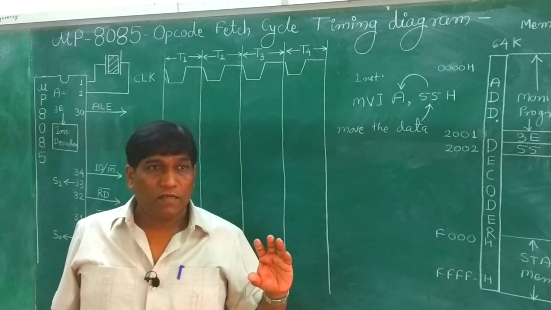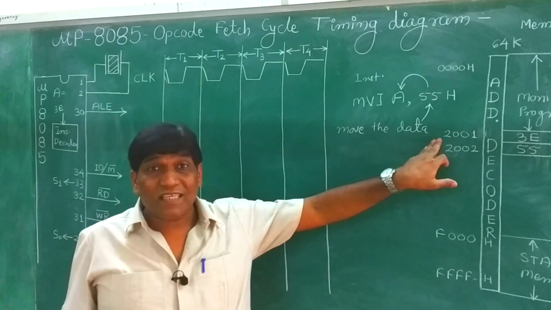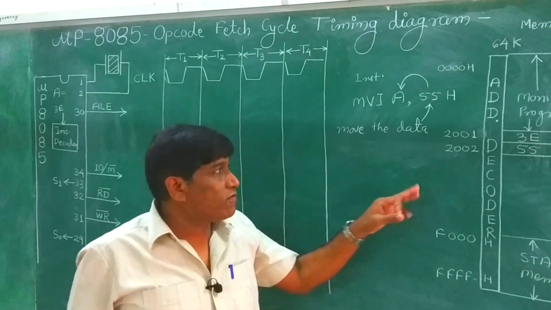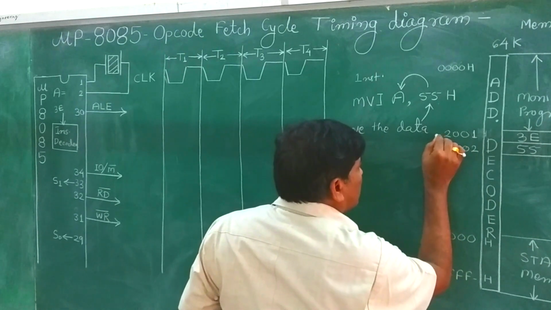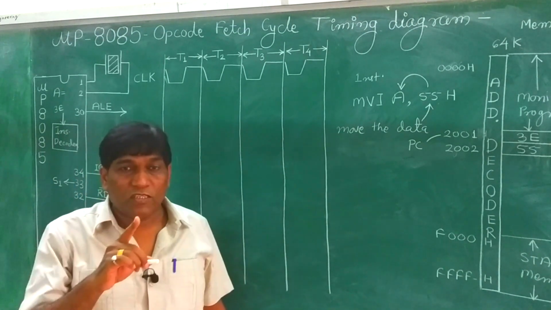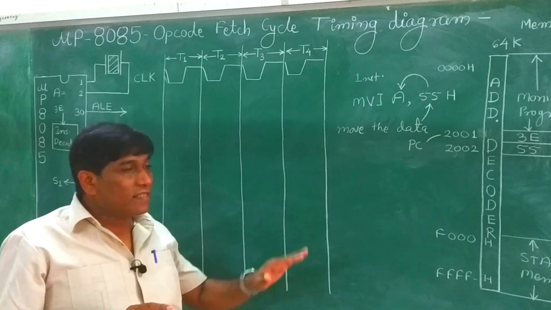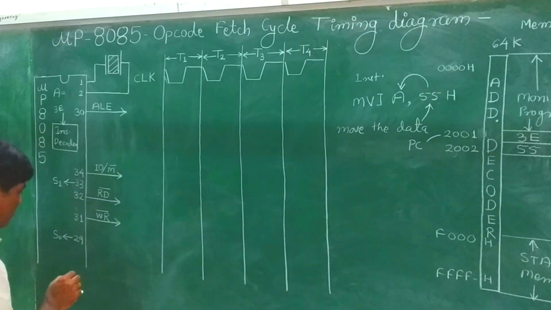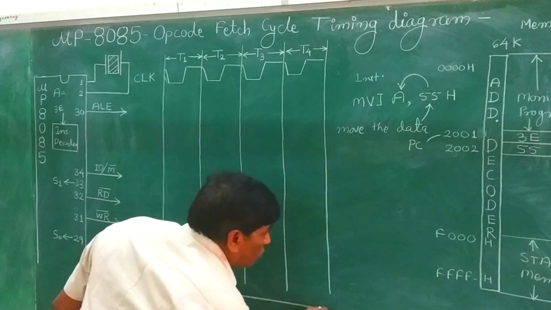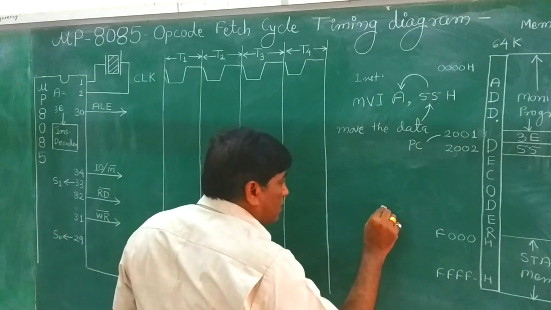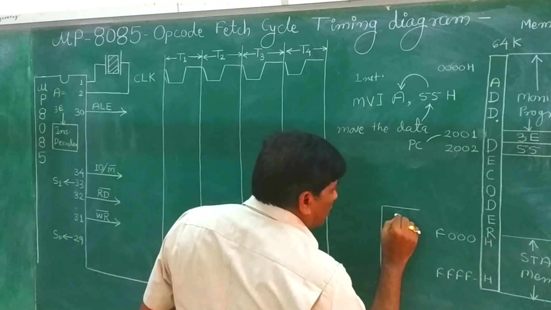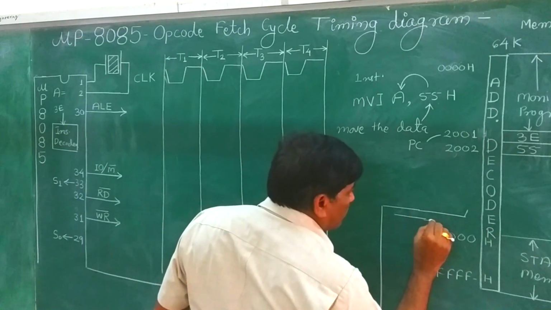Whenever a program is run, how will it run? Whenever we load 2001 in the program counter for running a particular program, we have to load this starting address 2001 in the program counter, because the program counter is sequencing the program. It is locating the address via the address bus. Say this is our address bus, which is connected to the address decoder.